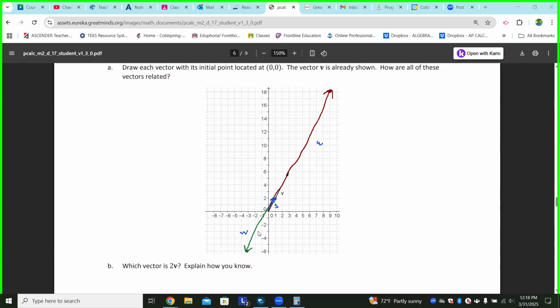So about right here. Nice straight line right there. We'll call that T. 6, 12. We'll call that R.